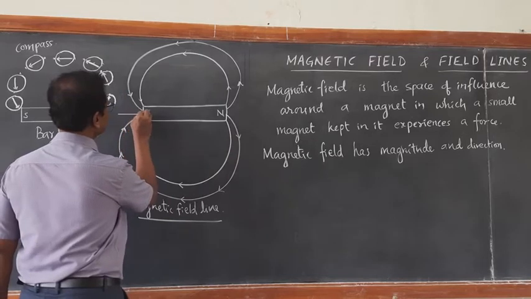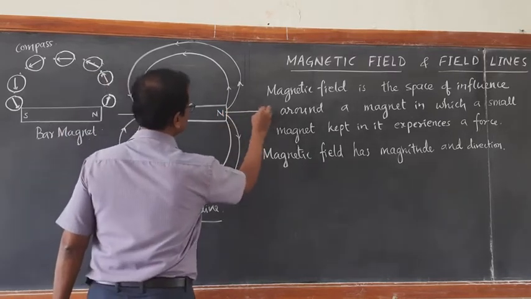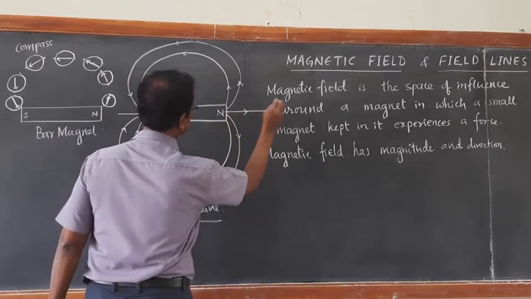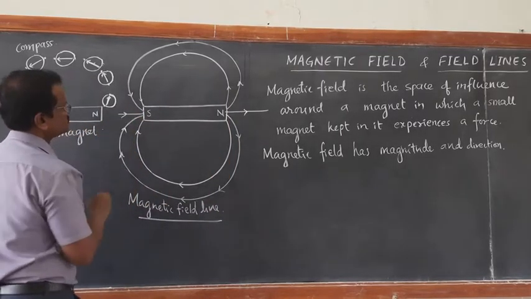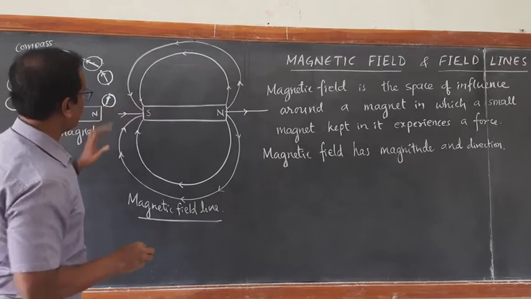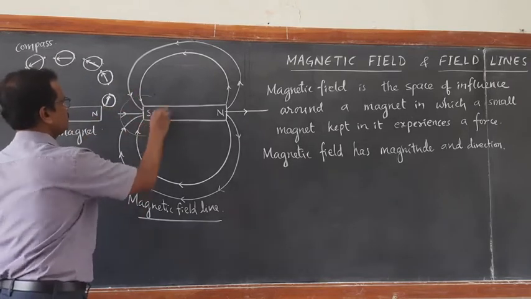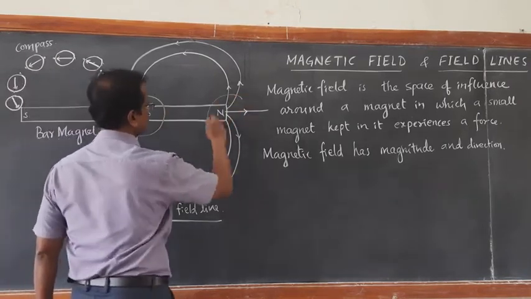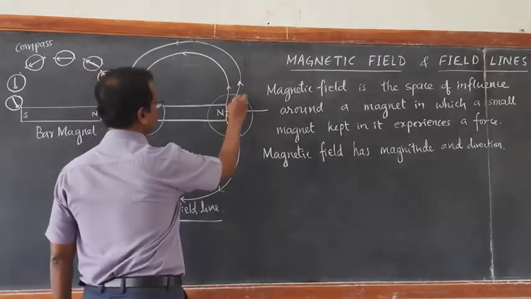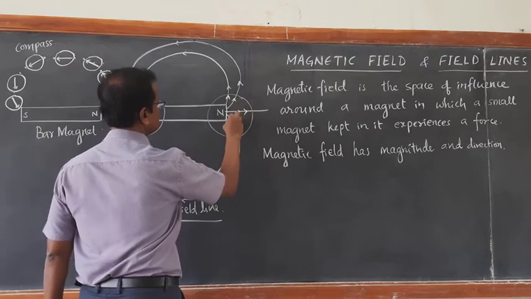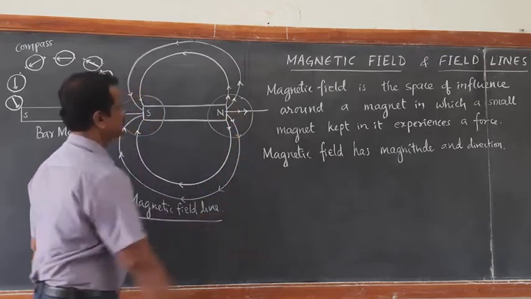If it is kept very straight, you will find the line going straight, and here the line entering straight. Around the ends, in these areas of influence, the field lines are very close.